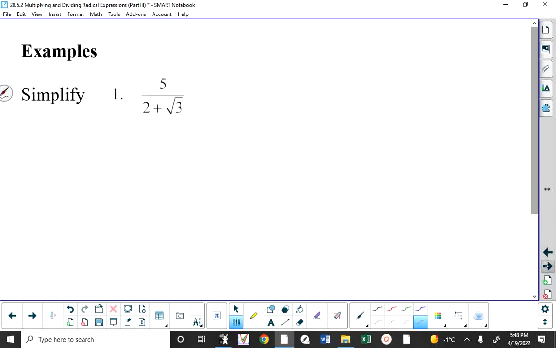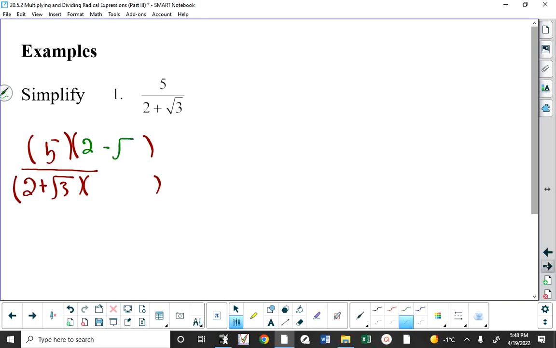Let's put this into practice now. How do we rationalize this denominator? Well, if we have 5 over 2 plus root 3, I know that if I multiply a binomial that contains a radical by the conjugate of the binomial, the radicals will go away in the denominator.